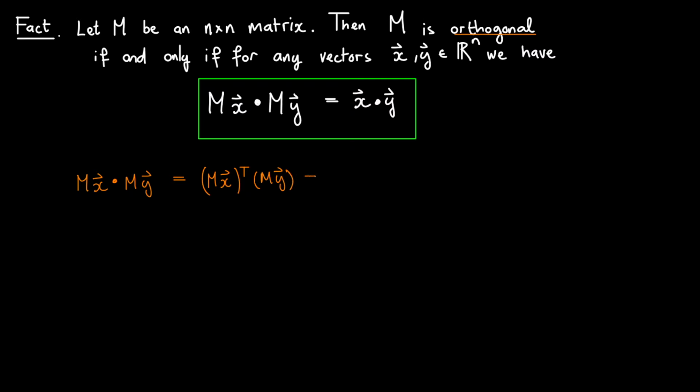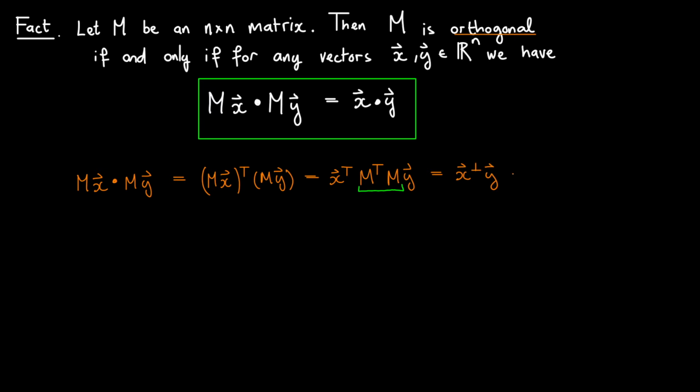Okay, good. Now we can use this formula for transposes, that this is going to be equal to x transpose times M transpose times M times y. And here we can see what this is going to give us. The magic happens because M transpose is the inverse of M, so this product here cancels to the identity. And what are we left with? We're left with x transpose times y.